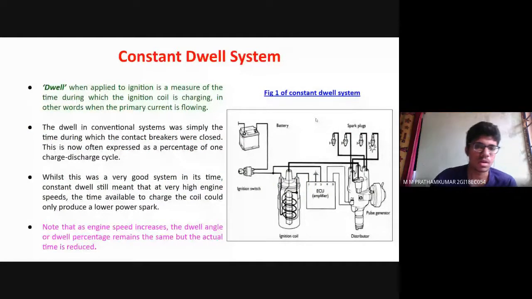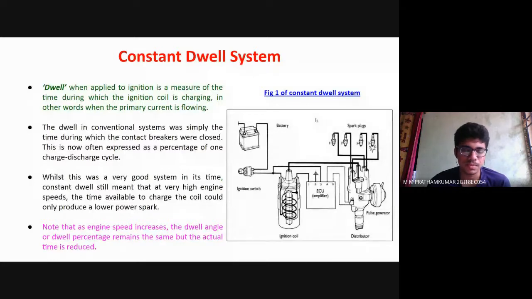In the constant dwell system, the battery is the source and it is connected to the ignition switch. When the ignition switch is turned on, it goes to the ignition coil through a primary circuit, and through the ignition coil it goes to the ECU where the dwell is formed. The dwell is the switching on and off phenomenon, and through the secondary circuit it goes to the ignition coil, where through the primary and secondary coil the electromagnetic field is generated.